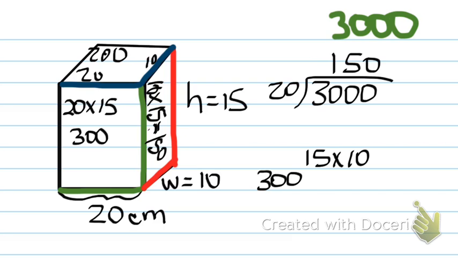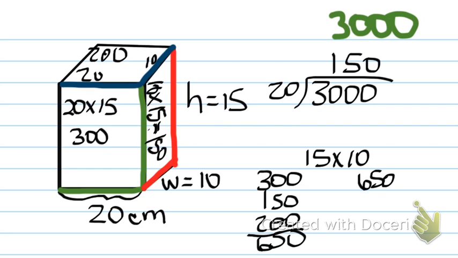So I've got 300, 150, 200, and it looks like that gives me 650 for three of the sides, but remember my box has 6 sides, and those other 3 sides are the same dimensions as the 3 I just found. So I can take my 650 and multiply it by 2, and that gives me 1,300 centimeters squared of area.